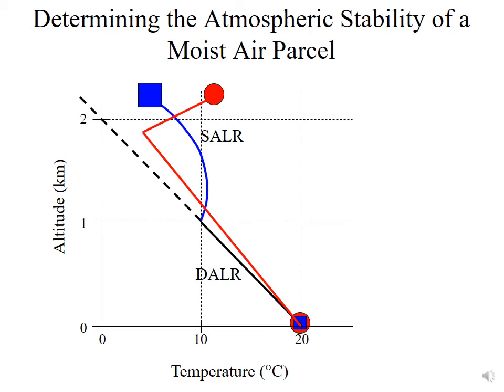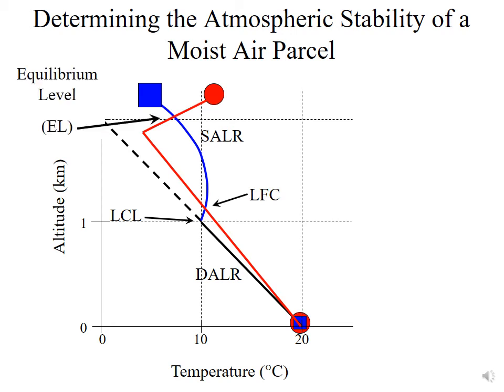If the air parcel were to continue above the equilibrium level, it would now be colder than the environment and would be stable and would return back to the equilibrium point at 2 kilometers. So we have our lifting condensation level, our level of free convection, and our equilibrium level all defined in this scenario.